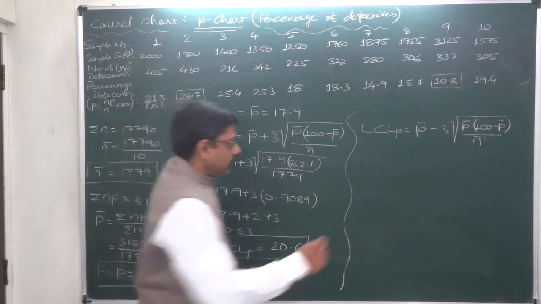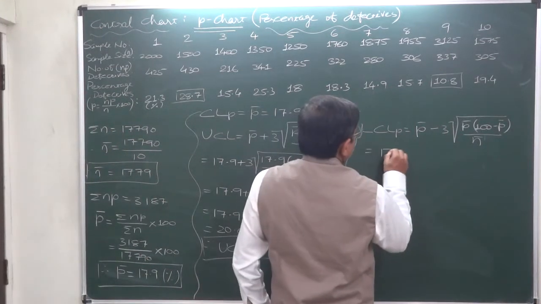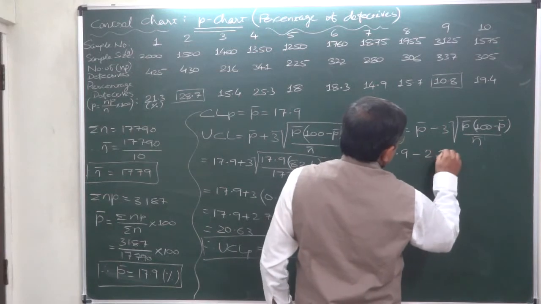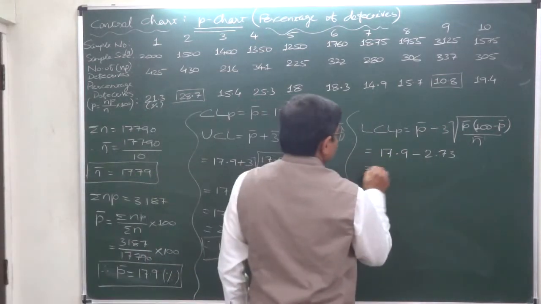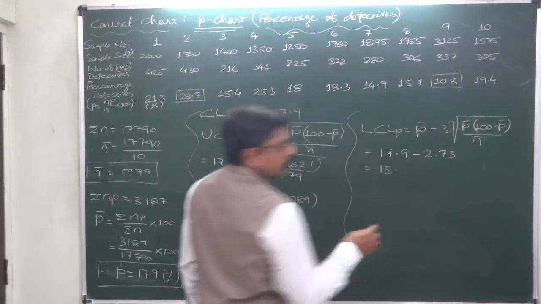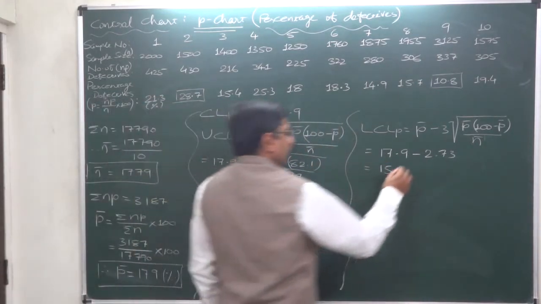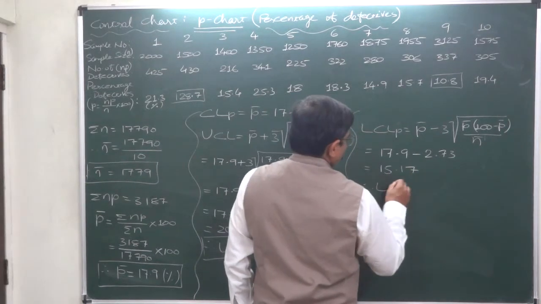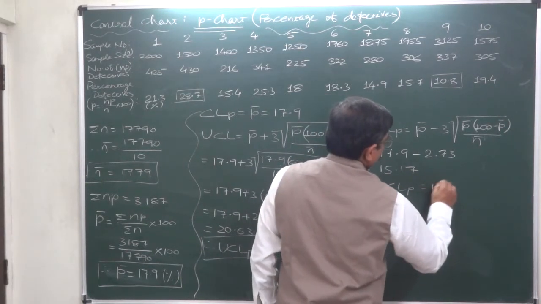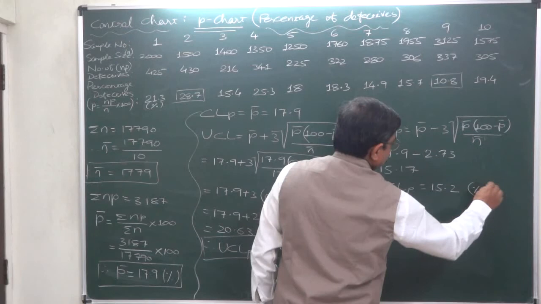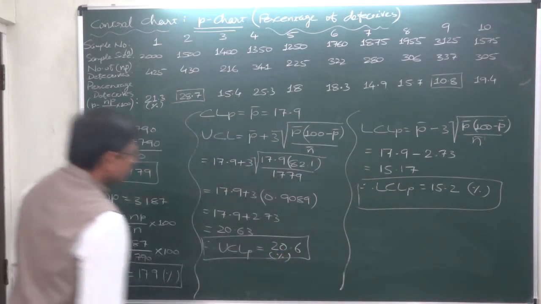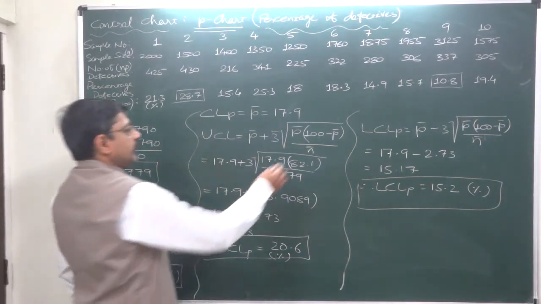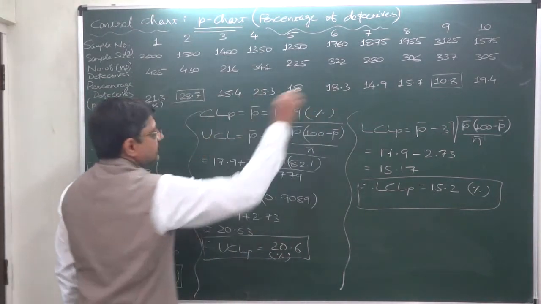Please remember. 17.9 minus 2.73, we have already calculated that, and it is 15.17. Let me round it off to 15.2. All these are percentages. Mind well.